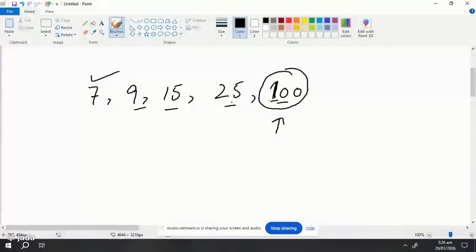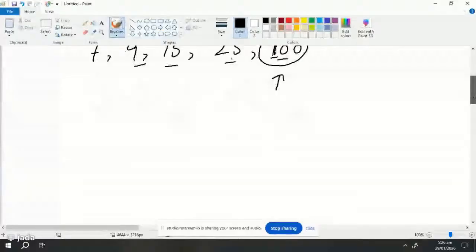So we are going to add, I'm going to add it here, plus 9, plus 15, plus 20.